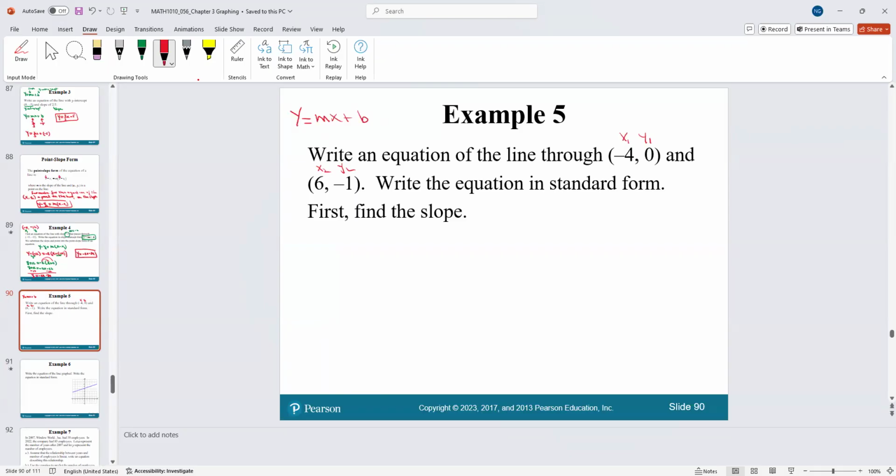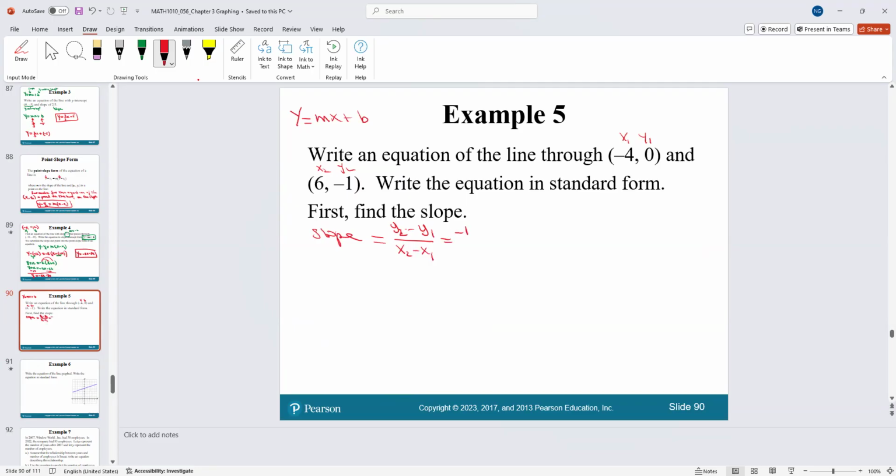To find the slope, we remember slope in the previous formula is the rise over the run, the change in y over the change in x. We have two y's, so we subtract y1 from y2, over x2 minus x1. What is y2?